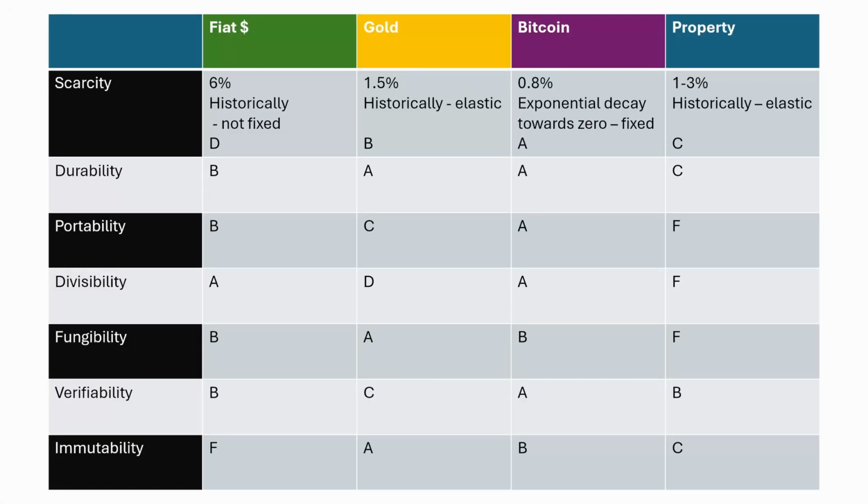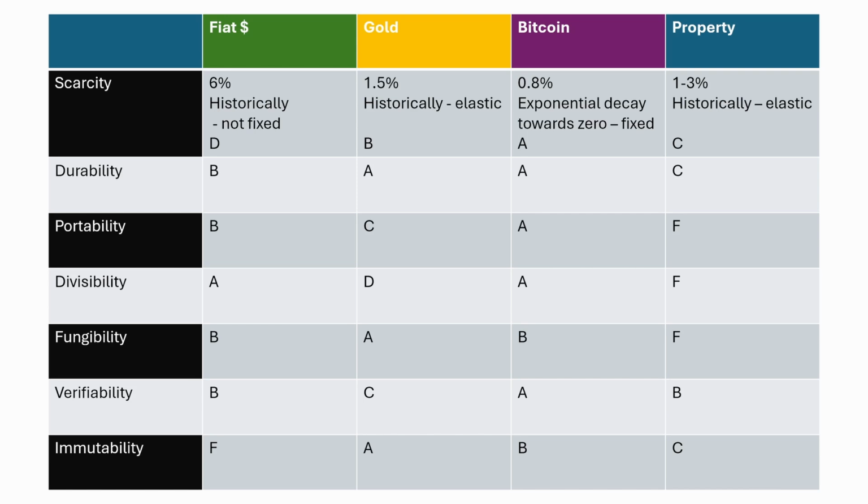So we'll look at examples of what we do have. We've got fiat, and we're using just dollars for this example because dollars has been the best fiat currency in the past 50 years, but it's not the only fiat currency. Gold, Bitcoin, and property. Property isn't a currency, but we've put it here just to see the differences. So first let's look at scarcity, and we're going to measure that again in stock to flow percentage. Dollar is increased by about 6% a year, historically, and this number is not fixed for the future.